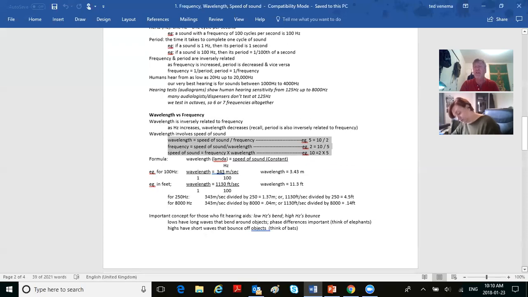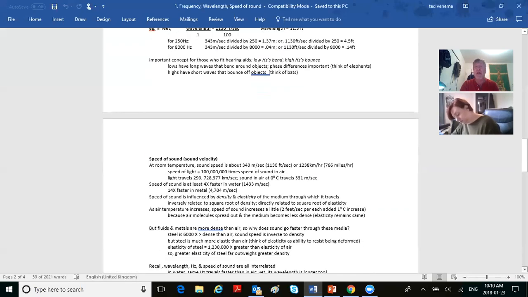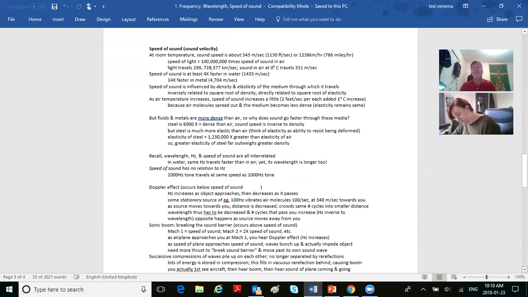Let's kind of preview where we're going to go next week. Let's just talk about the speed of sound. Check this one out. The velocity of sound. At room temperature, sound speed is about 340 meters per second. About 1,130 feet per second, or 1,238 kilometers an hour, or 766 miles an hour.